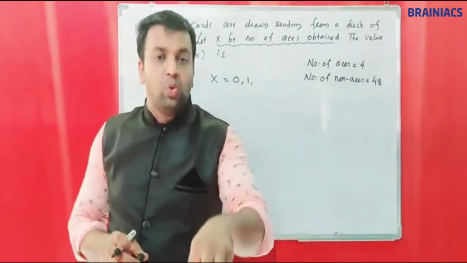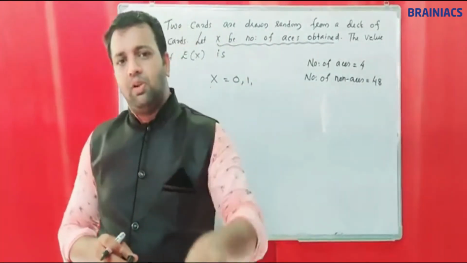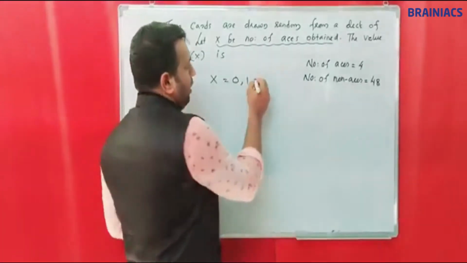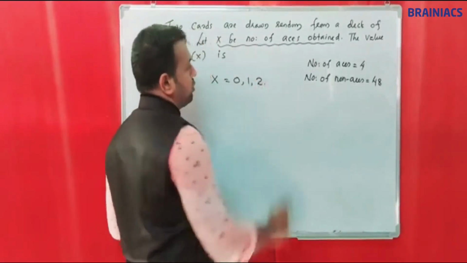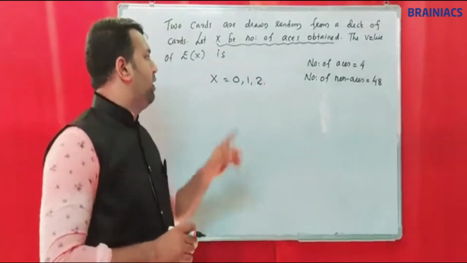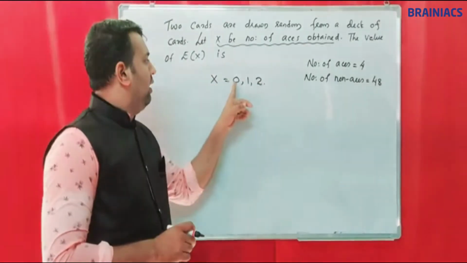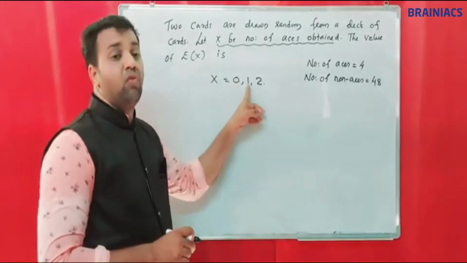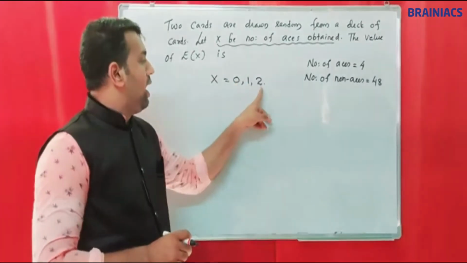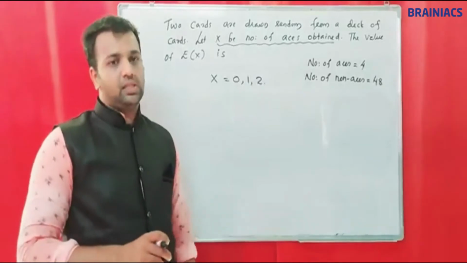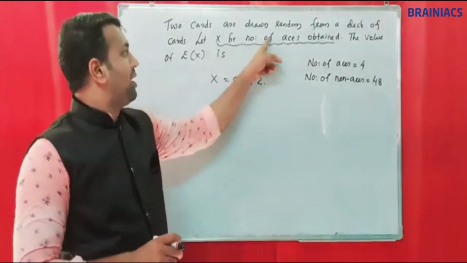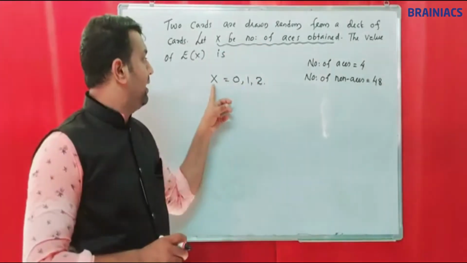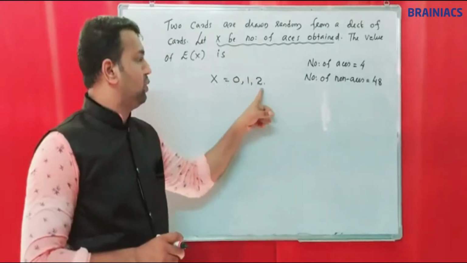Both of these 2 cards will be aces, so another possibility is 2. So the possible values for x are 0, 1 and 2. 0 means no ace cards, 1 means 1 ace card, and 2 means 2 ace cards.